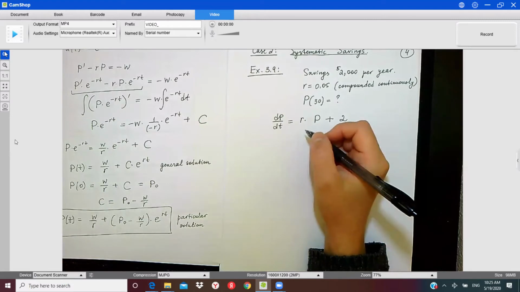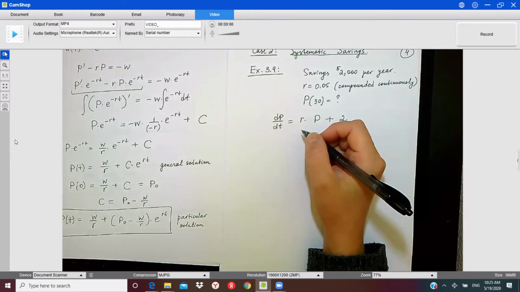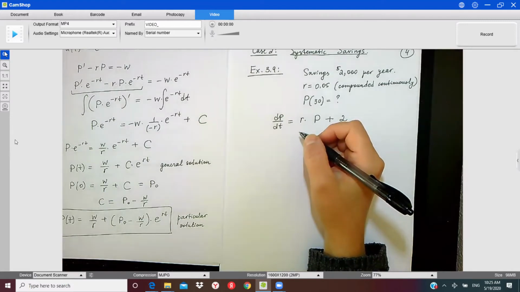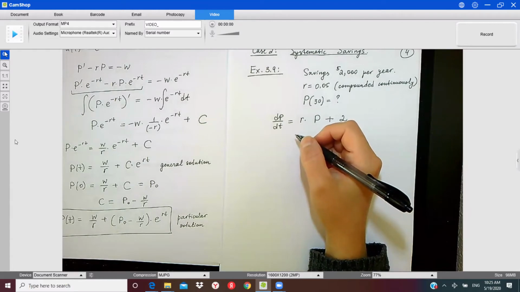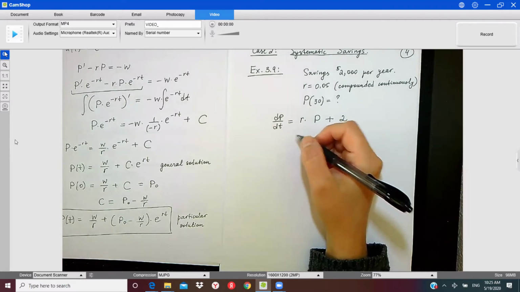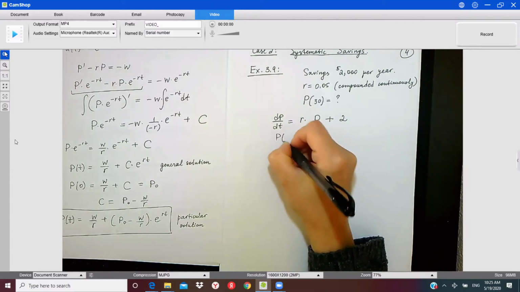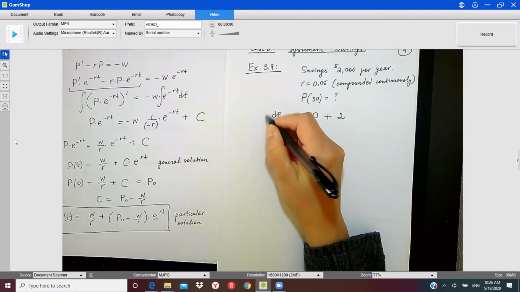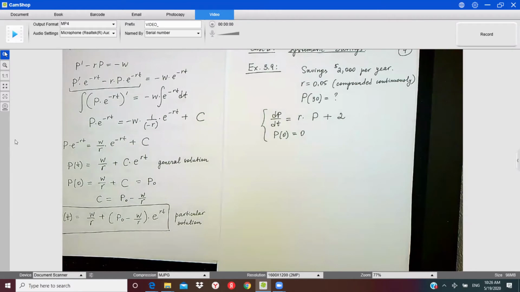So I don't see the initial condition. So it says, assuming that you have no savings to begin with, and that your savings will earn 5% per year compounded continuously. Well, P of 0 equals 0, am I correct? Yes. So yeah, this is what they say.